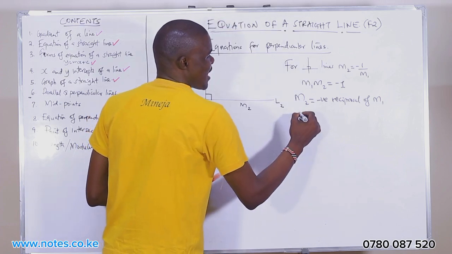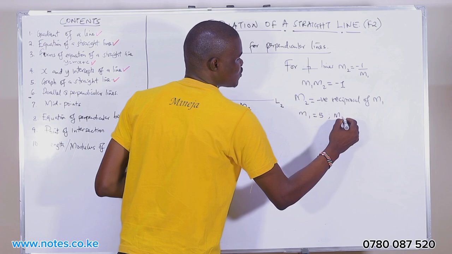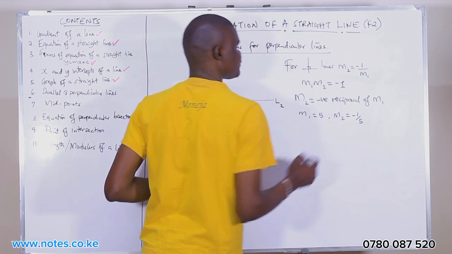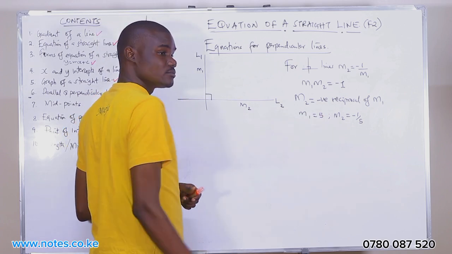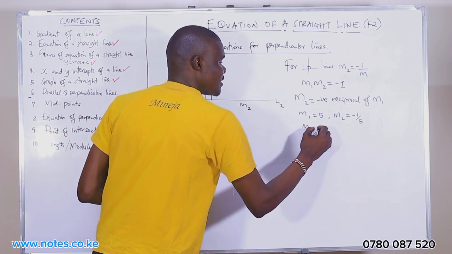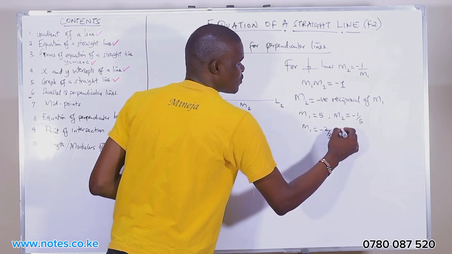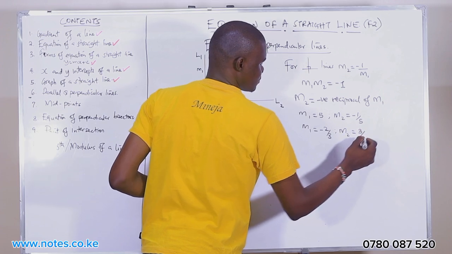So if my M1 is 5, it therefore means that my M2 will be negative 1 over 5, because remember, all numbers are normally over 1. If my M1 is negative 2 over 3, my M2 will be 3 over 2.